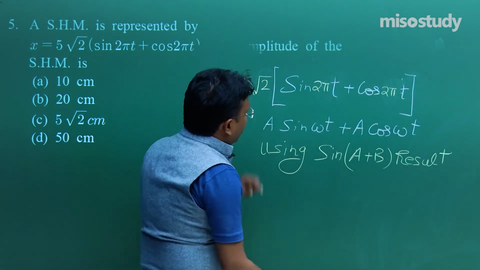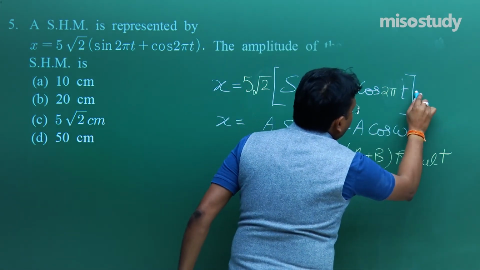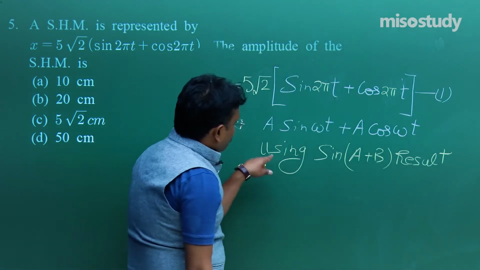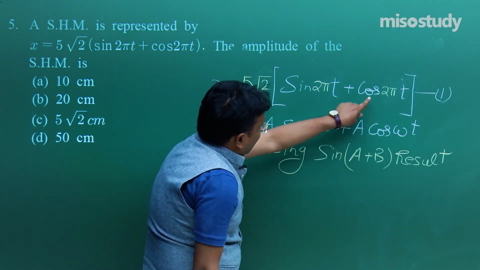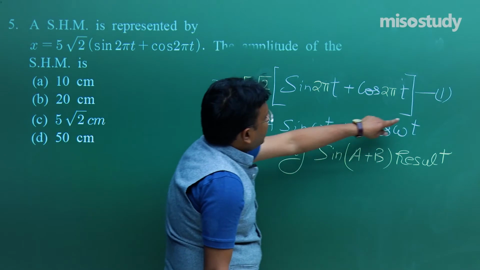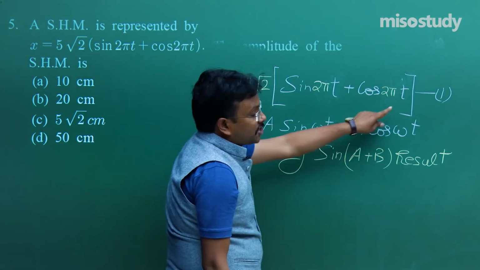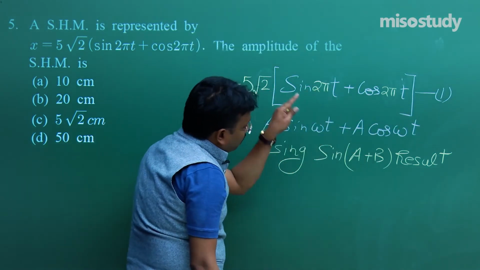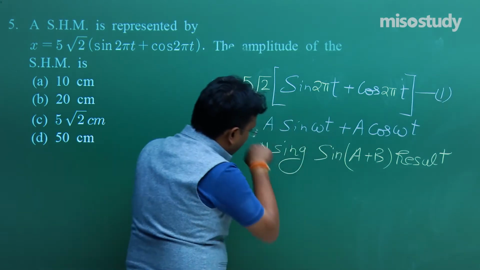Fine. So now let's say the name of this beautiful equation is 1. So using this result, if I want to write down the final expression for equation number 1, then I am providing that final result. Okay.